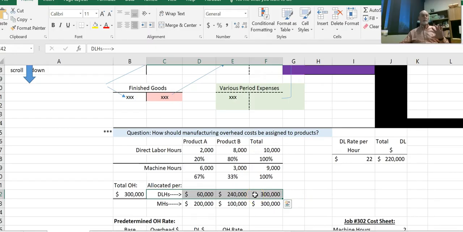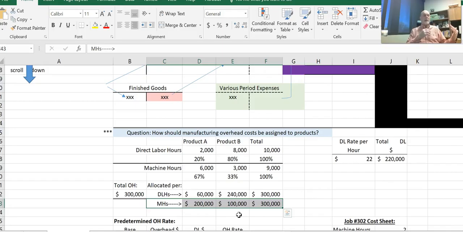On the other hand, if we were using machine hours, and most of the machine hours were with product A, then product A would get assigned a lot more of the overhead, in this case 2/3 or $200,000, leaving 1/3 or $100,000 to go to product B. So again, depending on the allocation base that you select, it can really impact how you're assigning those costs.